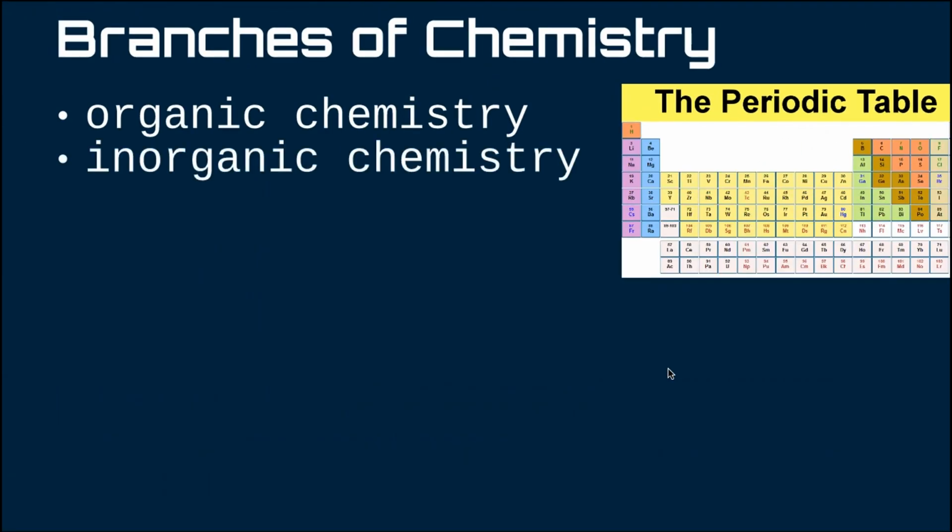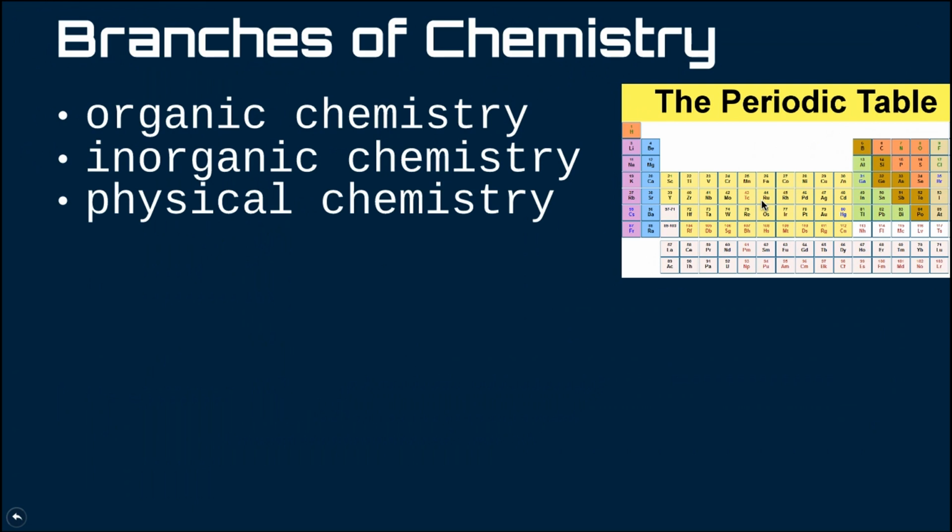Then we get into inorganic chemistry, which just means not organic. So literally, if organic chemistry focuses on carbon, inorganic will focus on everything else. More specifically, inorganic does a lot of work with metals and minerals. Then we can get into physical chemistry, which in this case, we don't really care what the atoms are. We don't care what elements they are, but we just talk about how they interact together in a physical way, right?